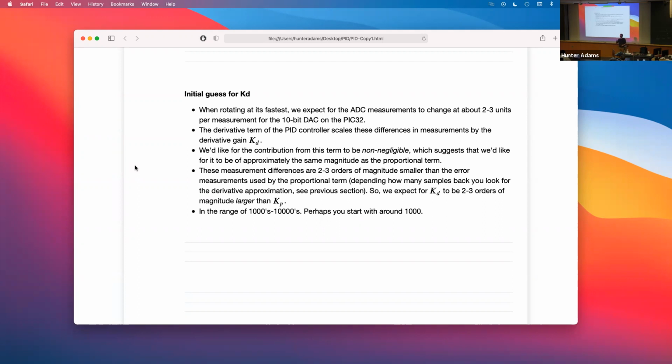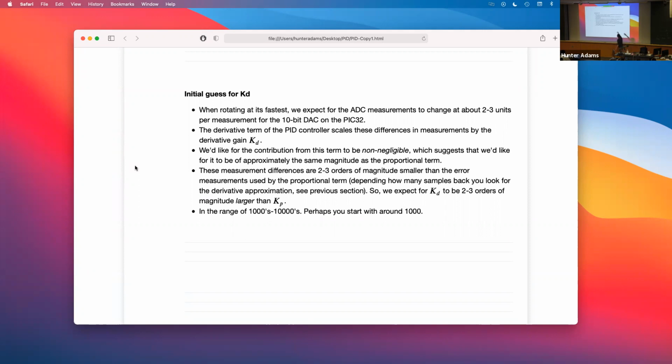If we want the contribution from the derivative part to be non-negligible, about the same order of magnitude as the proportional part and not completely swallowed up by it, we'd like the product of the derivative measurements and the derivative gain to be about the same as the product of the proportional measurements and the proportional gain.